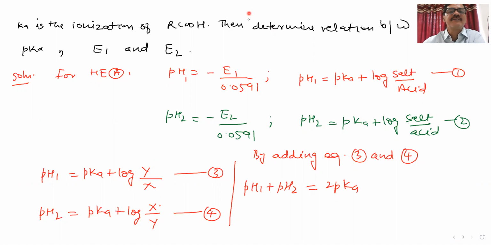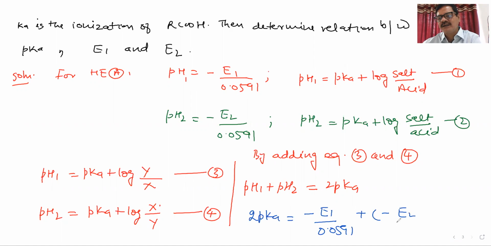So here we will get 2 pKa, with pH1 in terms of this, minus E1 upon 0.0591 and plus minus E2 by 0.0591.